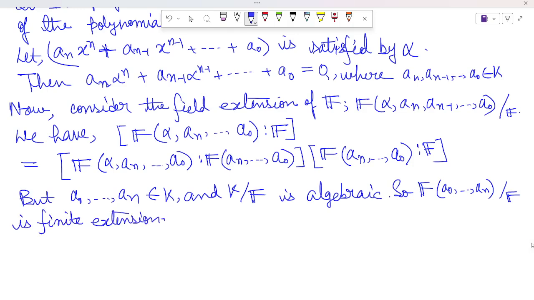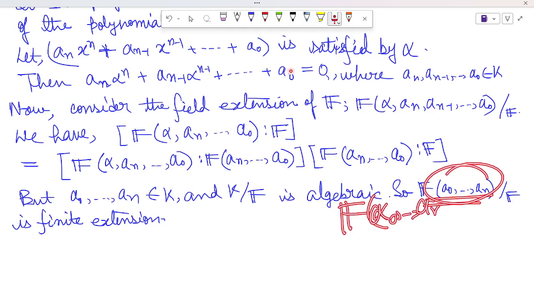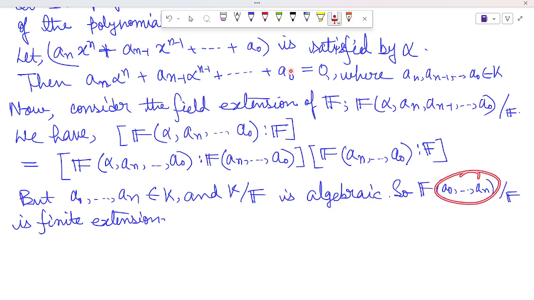Because of the previous theorem: I am adjoining algebraic elements to a field. They are algebraic elements because K over F is algebraic and these elements belong to K. So it is an algebraic extension attaching a finite number of algebraic elements, so by the previous theorem, this is a finite extension.